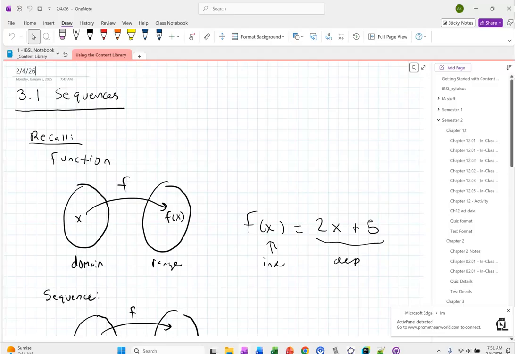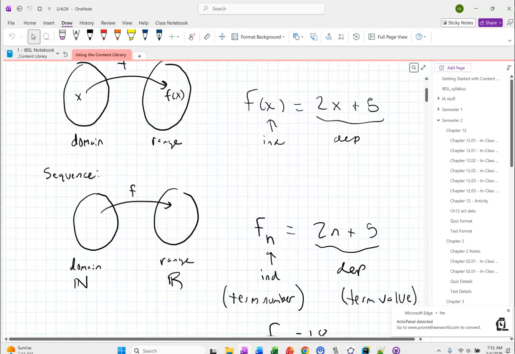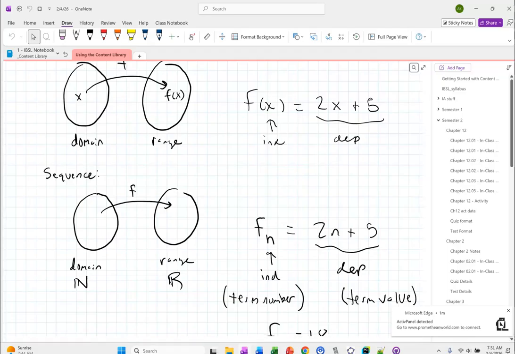A sequence can be thought of quite similarly, except that for a sequence, the domain is going to be the natural numbers. What are the natural numbers again? The counting numbers. Usually we start with 0, 1, 2, 3, but it kind of depends on the course.